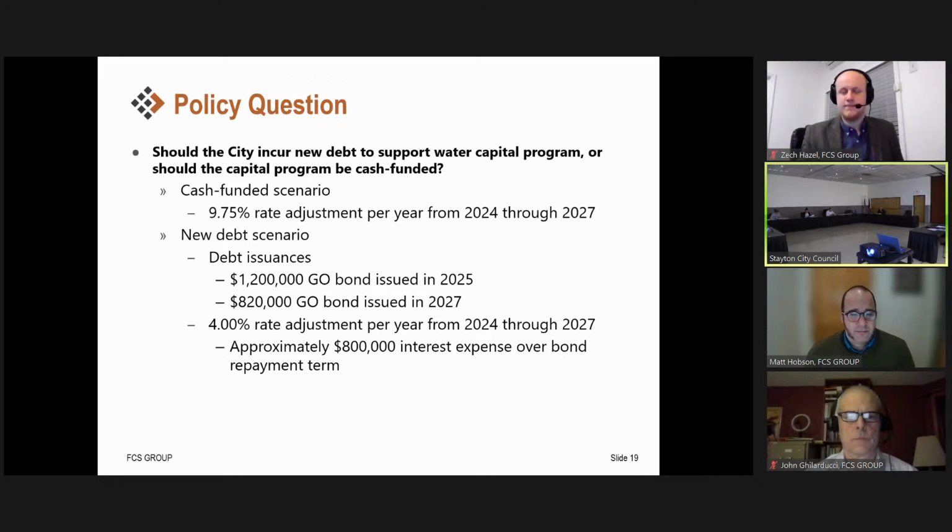Thank you, Mr. Mayor. So we've been increasing our rates 5% plus CPI, right? Yeah, that's what we've been doing for the last several years. So how does that factor in?